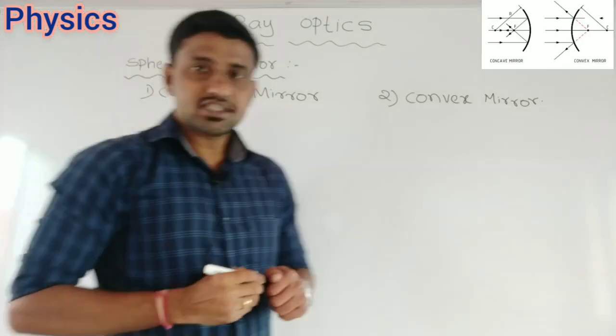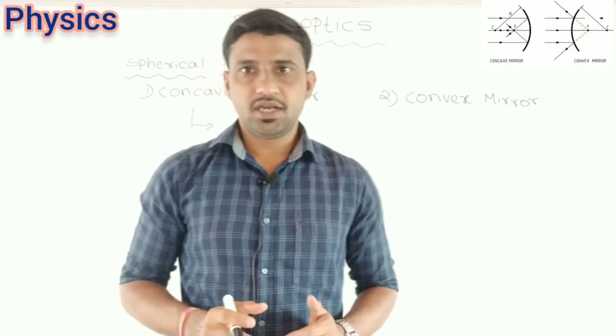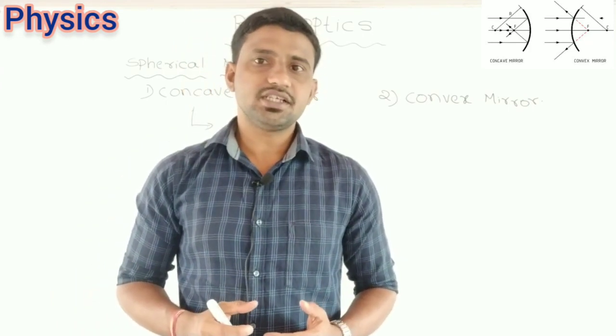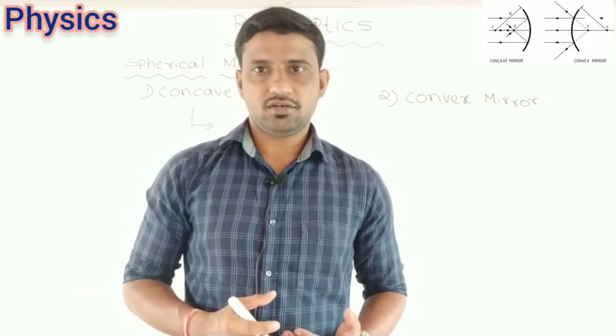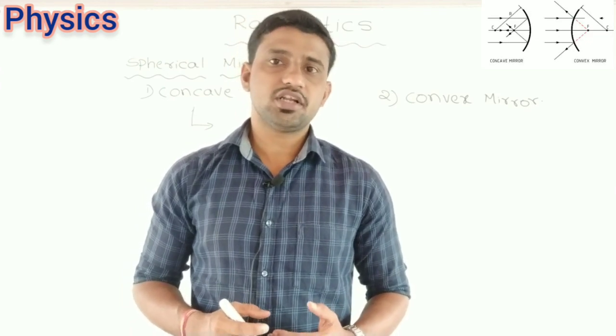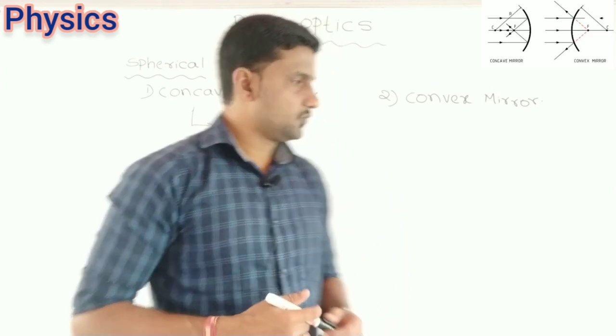A concave mirror is a part of a hollow sphere whose reflecting surface is towards the center. That type of mirror is called a concave mirror.